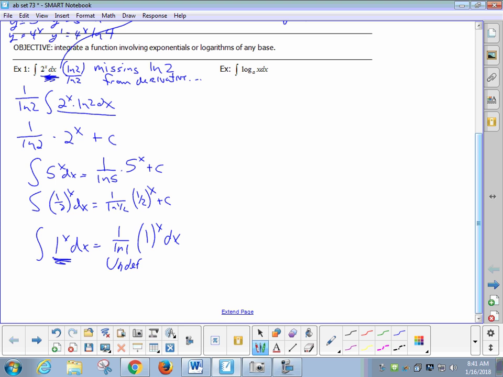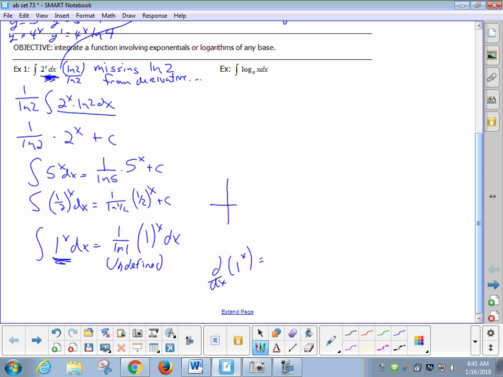Log of 1 is 0, and that's an undefined denominator of 0. Let me think more about that. What's the derivative of that? 0. Yeah, exactly.